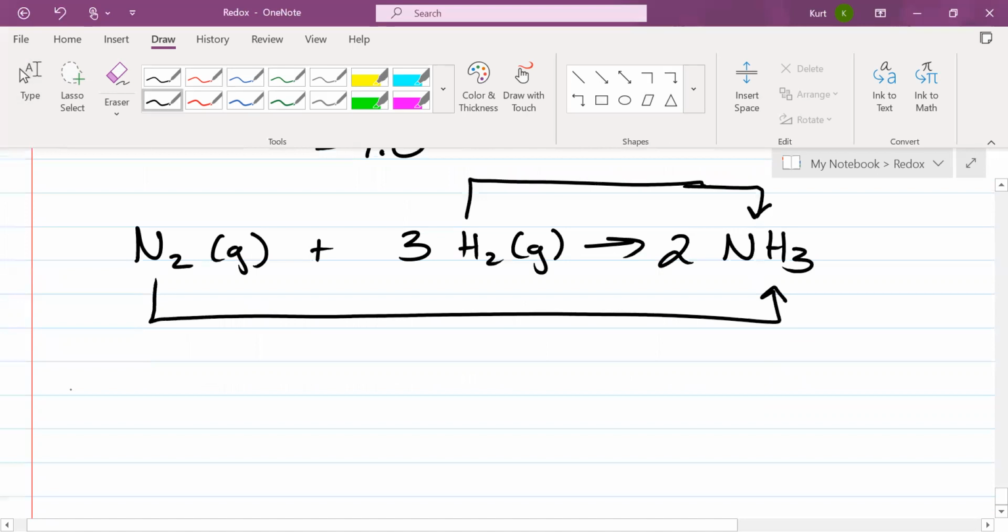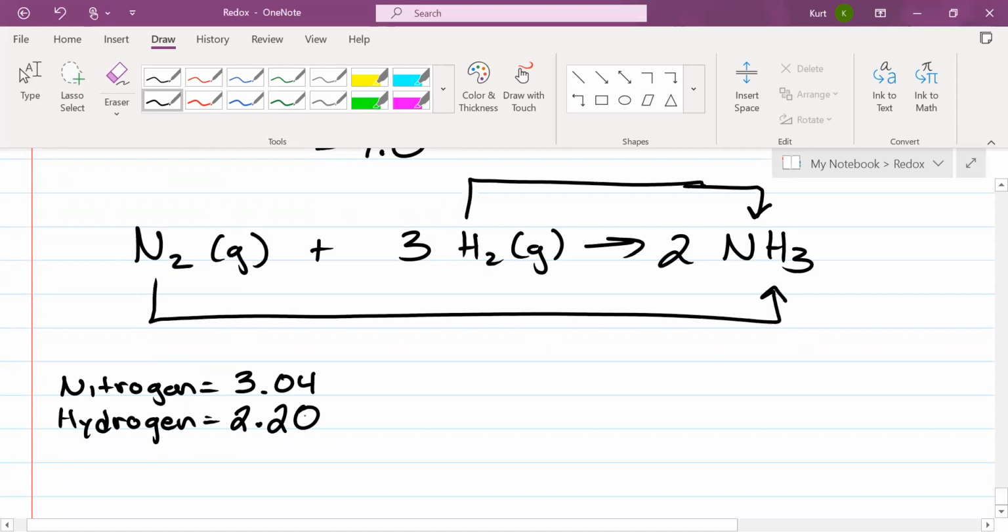What is the electronegativity value of nitrogen according to page 179? 3.04. What is the electronegativity value of hydrogen according to page 179? I heard 2.2 and 2.4. 2.2.